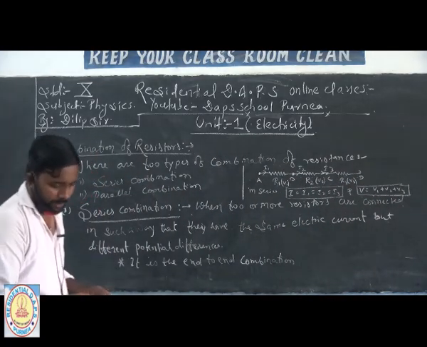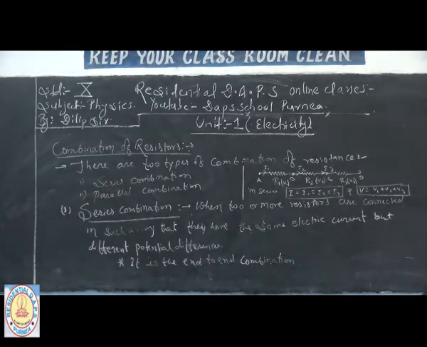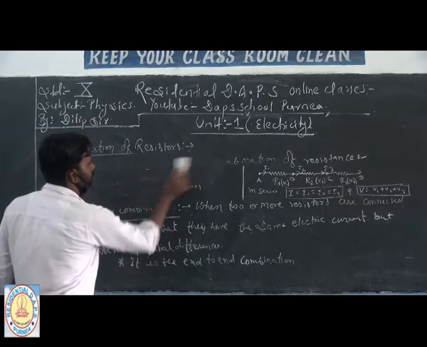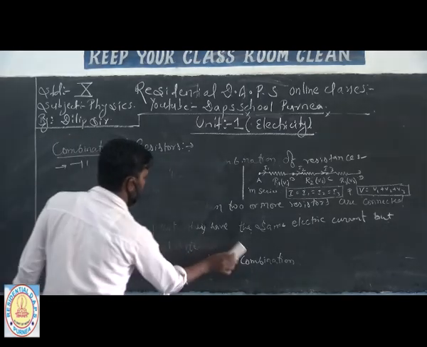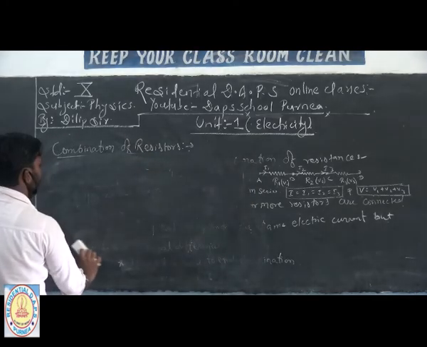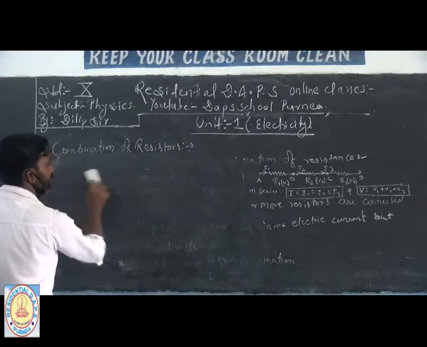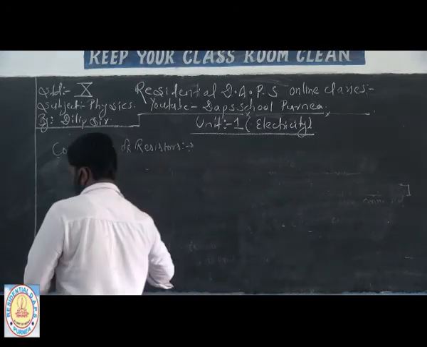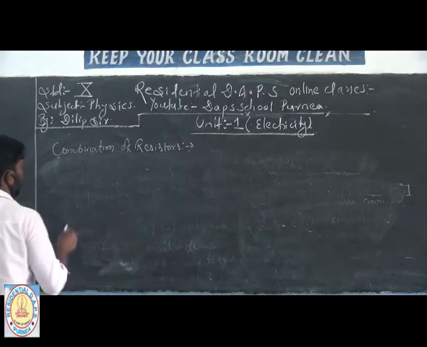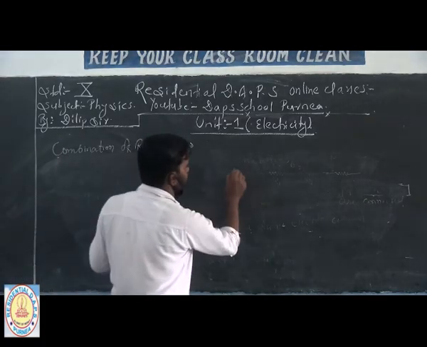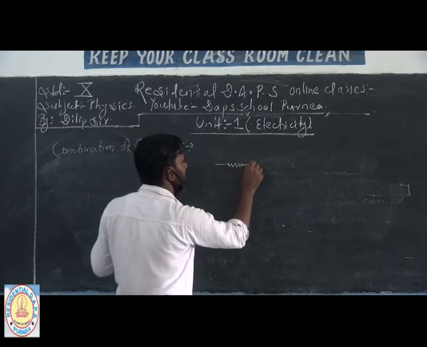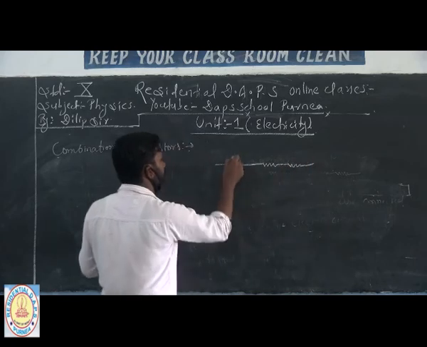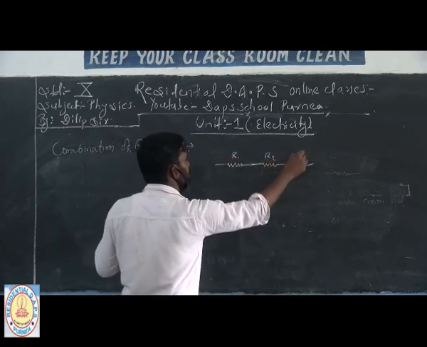Now we are going to derive the equivalent resistance for the series combination. Let us consider three resistors R1, R2 and R3 connected in series.